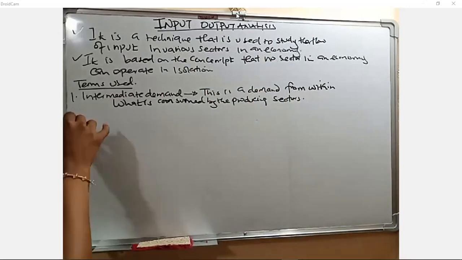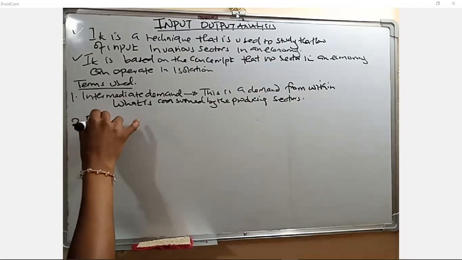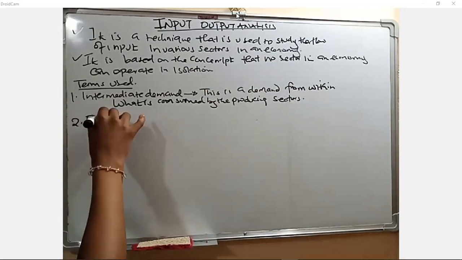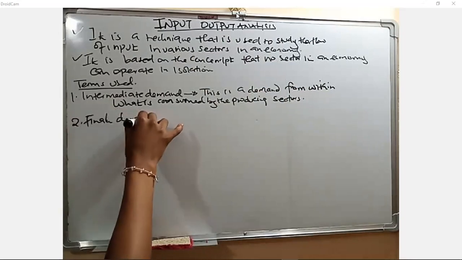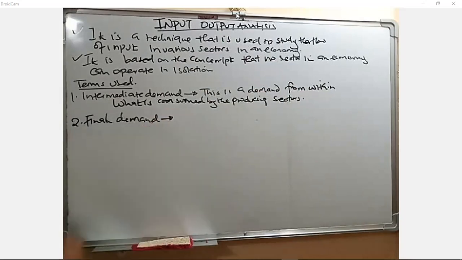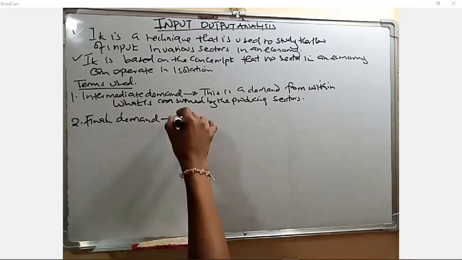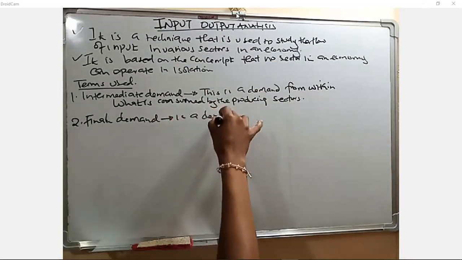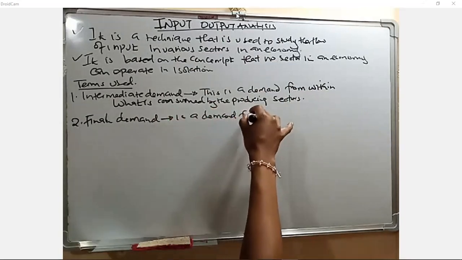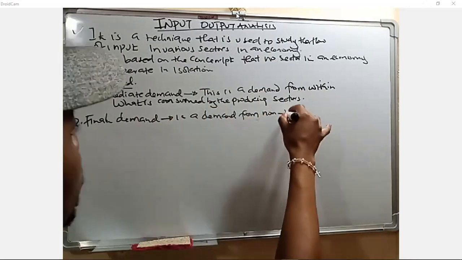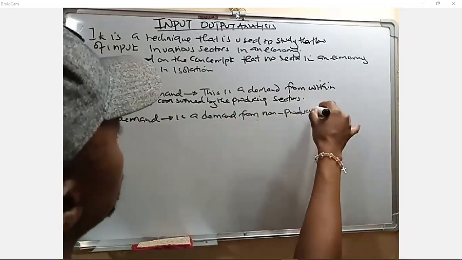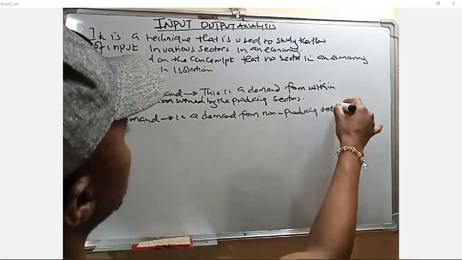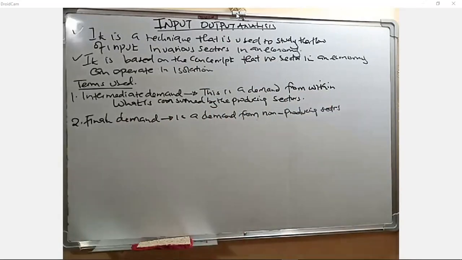Number two, we normally look at the final demand. When we look at the final demand, we say it is a demand from non-producing sectors.